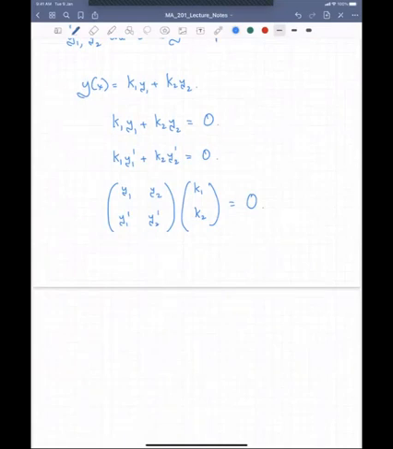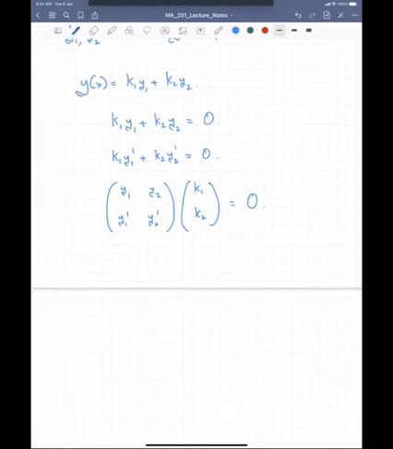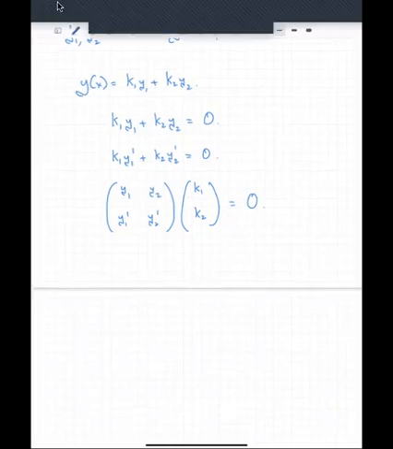If k1 and k2 are 0, I know that the solutions are linearly independent. So I'm asking what is the condition for linear dependence. Can anyone take a guess? Any guess is fine.